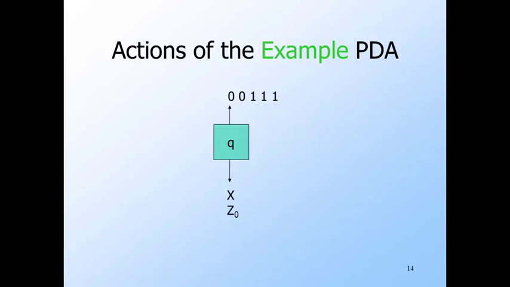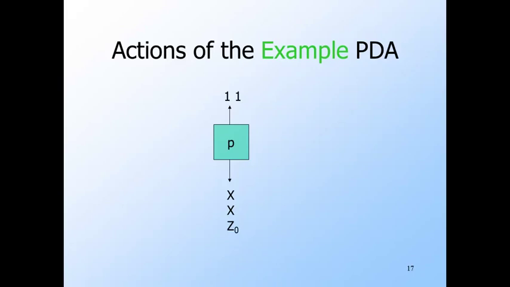For the first move, we consume the first 0 from the input and replace Z0 by XZ0 on the stack. Notice the X is on top of the Z0. It's at the top of the stack. We consume another 0 and replace the top X by two X's. And the same thing happens again. Now the first 1 is consumed from the input.